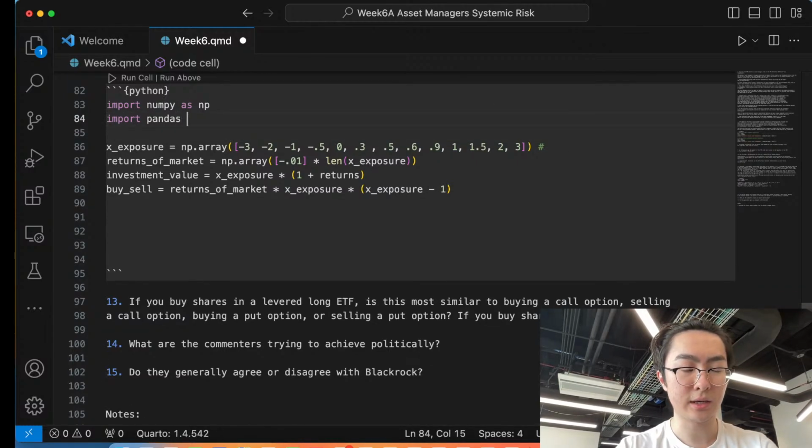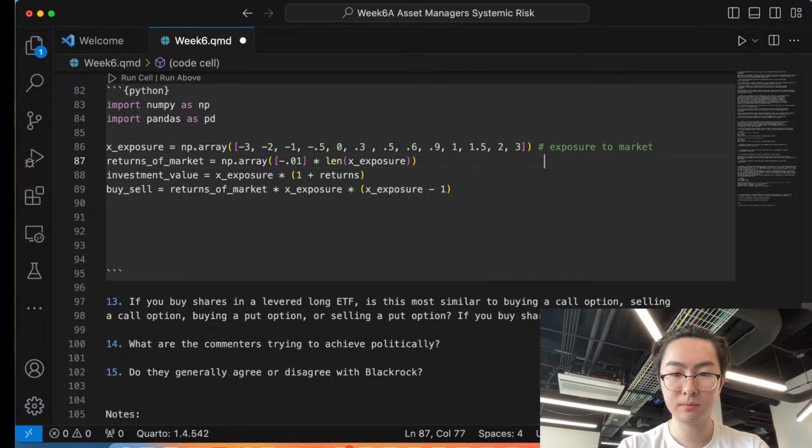Import pandas as pd. Okay. So exposure to market, to index. So this is return of index, negative 1%.